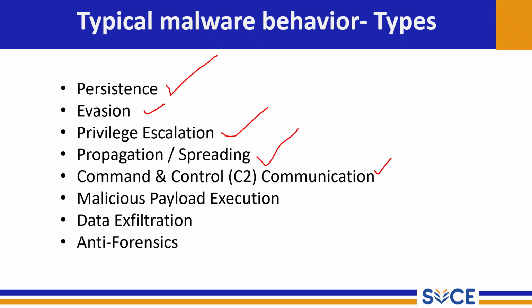First it has to establish a connection. Malware typically uses HTTPS, HTTP and other network protocols to communicate with its C2 server. It may use a hard-coded IP address or domain name, or a domain generation algorithm, that is DGA, to generate a list of potential C2 server addresses.